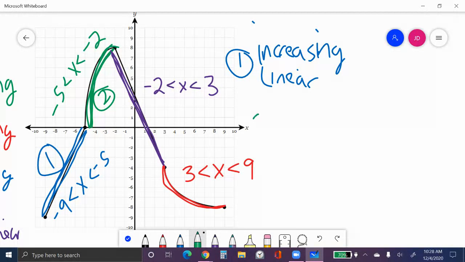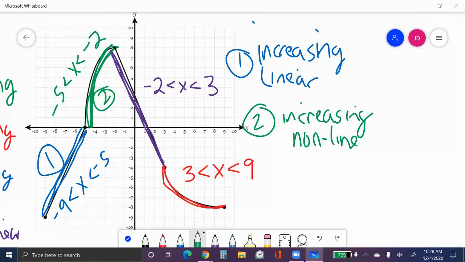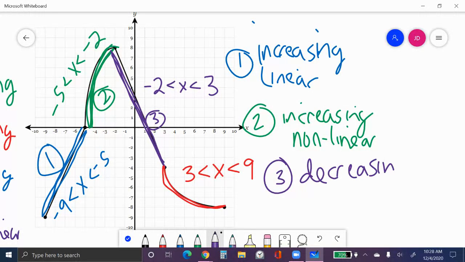So piece 2 is increasing and nonlinear. The third piece right here is decreasing down from left to right and linear. And the last piece, the fourth piece, is decreasing and nonlinear.